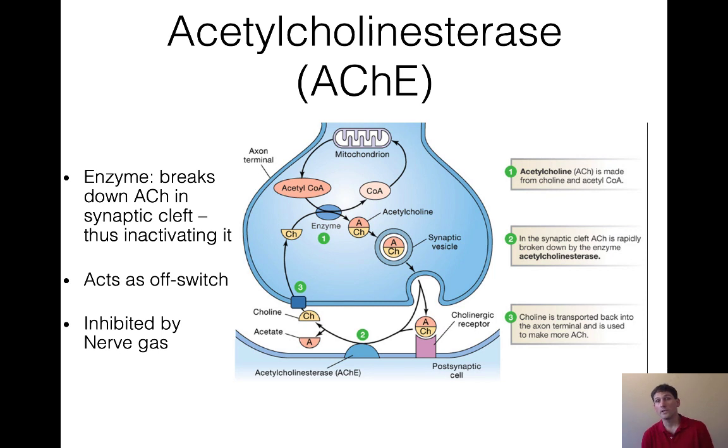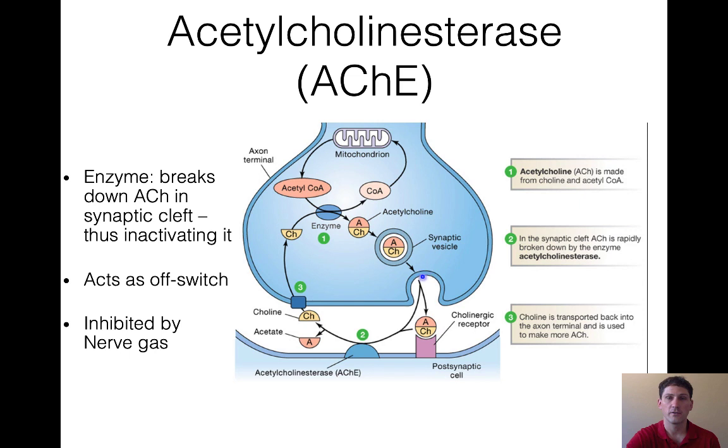Now, acetylcholine esterase is an enzyme that breaks down acetylcholine in our synaptic cleft, and therefore it inactivates it. So you can see in this diagram, we've got this big chain of events that is producing acetylcholine.